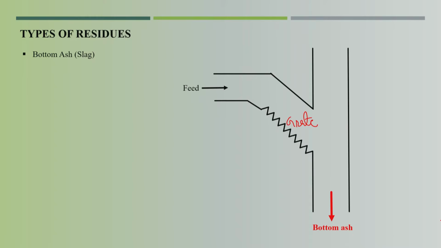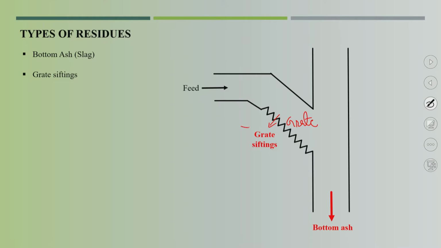Once the feed gets combusted onto the grate, the combusted or uncombustible matter will come out in the form of bottom ash, which we can also call slag. Next is the grate sifting. The grate sifting comes out from the openings in the grate, because the entire combustion is under air.